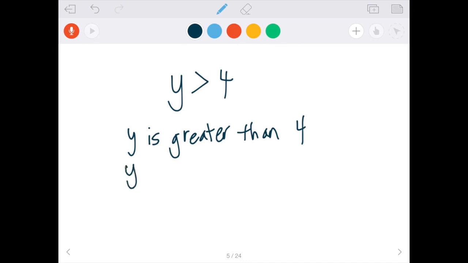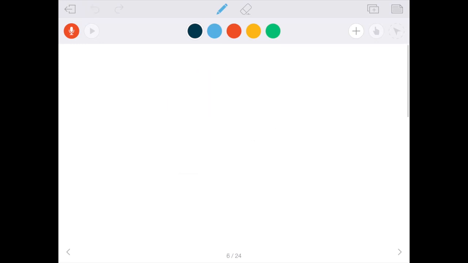You may get a multiple choice question where you have to identify, is it A or is it B? Is that greater than or less than? You'll also get questions where you just have to choose the number that can go where the variable is, and you have to know if this is asking for greater than or less than. So it's important to know those symbols.